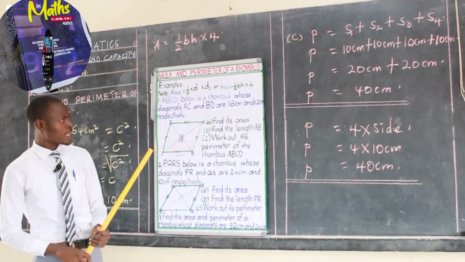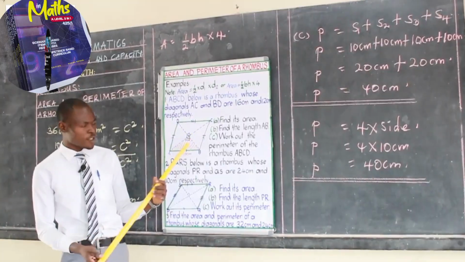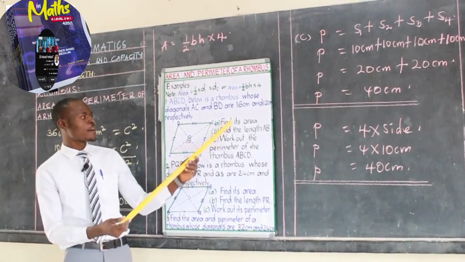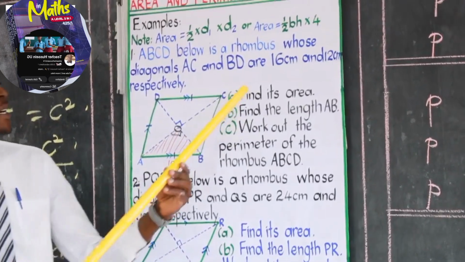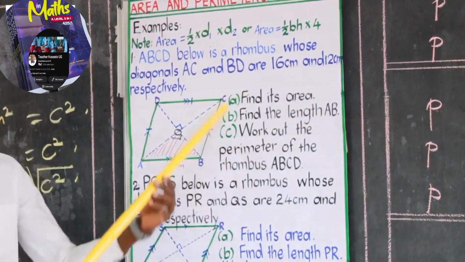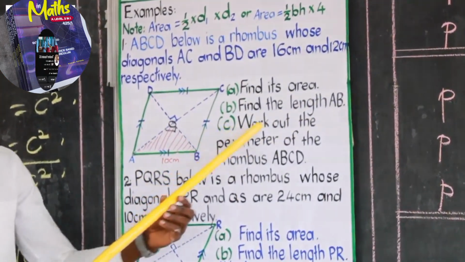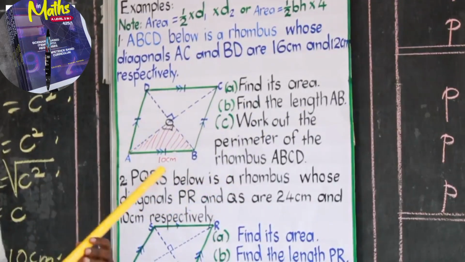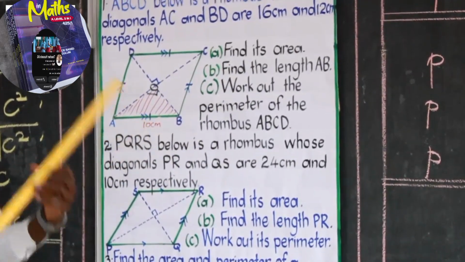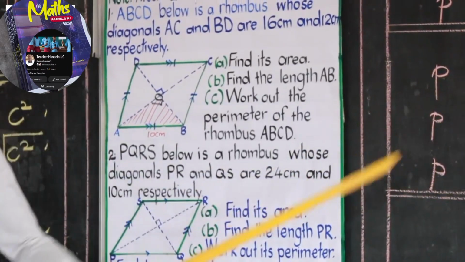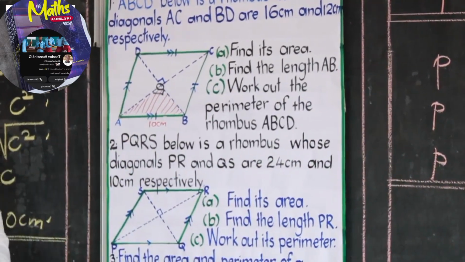Secondly, we must be in the right position at whatever level to find the area of any given rhombus, to find the length of whatever rhombus we've been given, and lastly, to find the perimeter of whatever figure, as long as it is in line with the rhombus. However, we can also use this approach to find the perimeter of other figures.